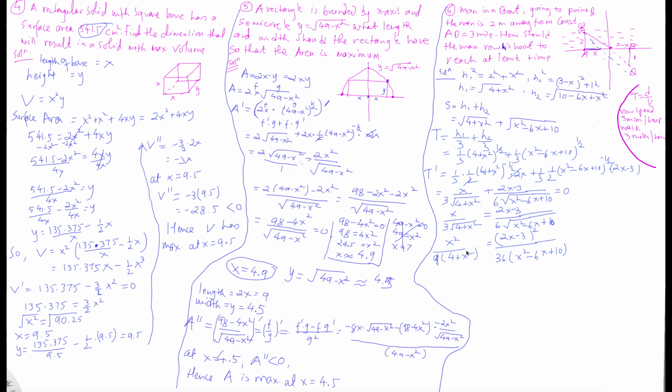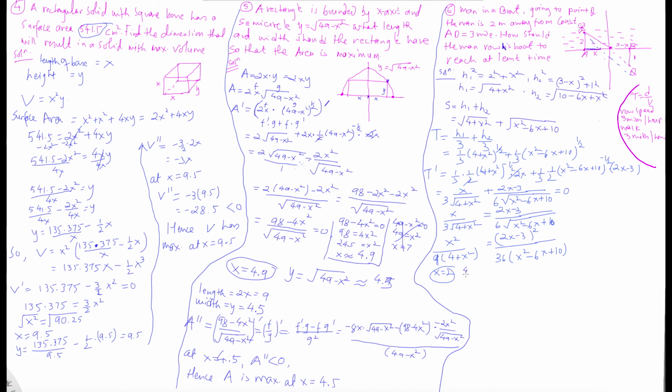How about 2? Let's try x equals 2. Does it make the left and right sides equal? 4 over 9 times (4 plus 4 is 8), 8 times 9 is 72.